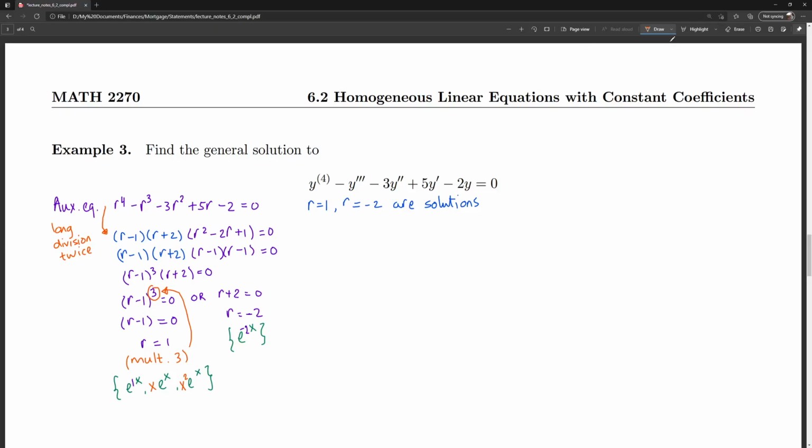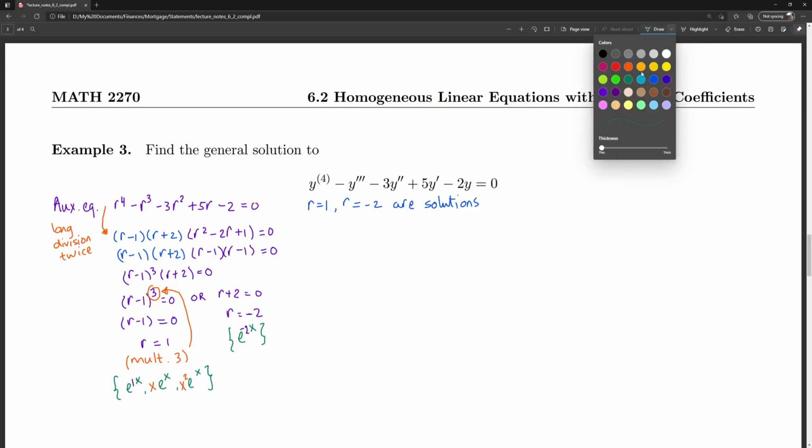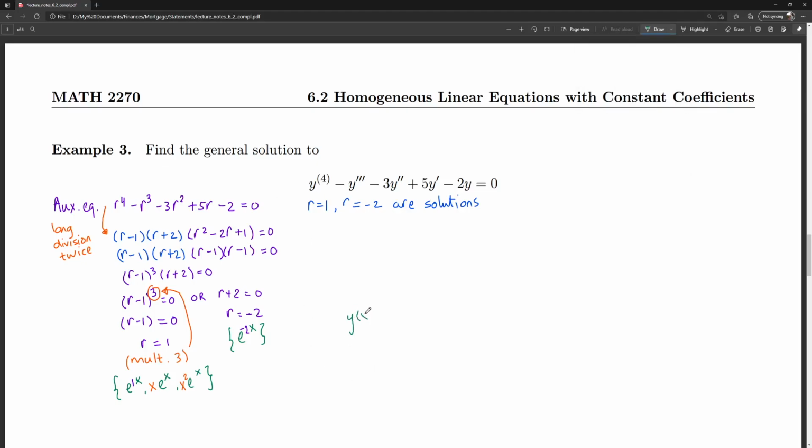And so that means that our final answer for the general solution is y of x equals c1 e to the power x plus c2 e to the power x, and I'm forgetting my extra factor of x there.